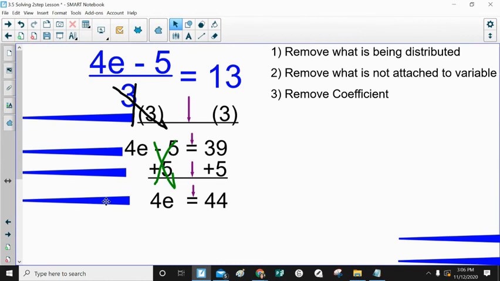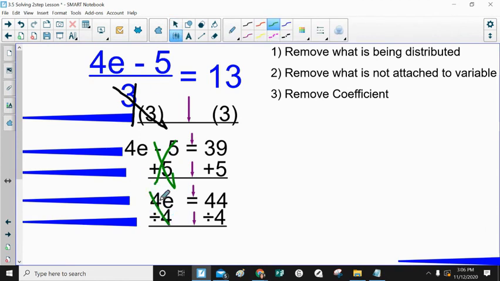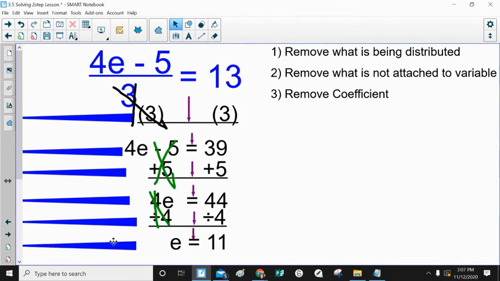So all I'm left with now is my coefficient. Coefficients represent multiplication. And to undo multiplication, I need the opposite operation, which is division. So when I divide by a positive 4, 4 divided by 4 is 1. So now my coefficient is a 1. And my equation simply is e equals 11.